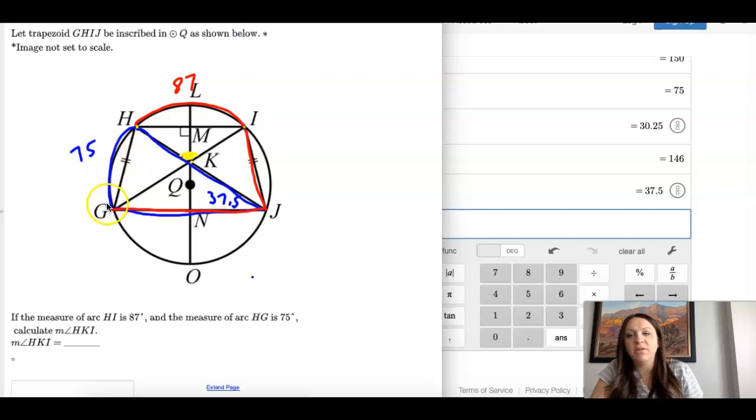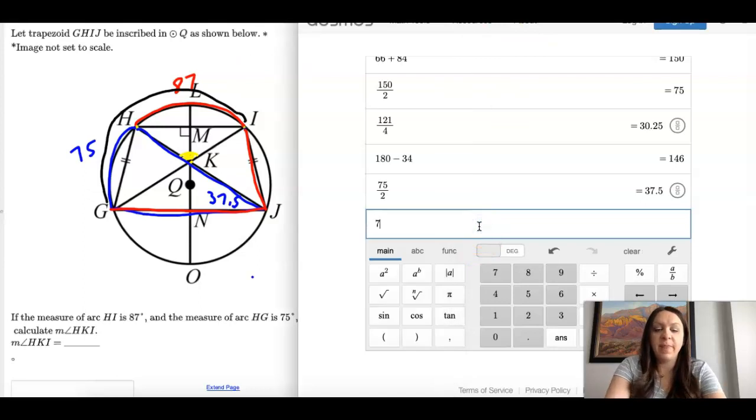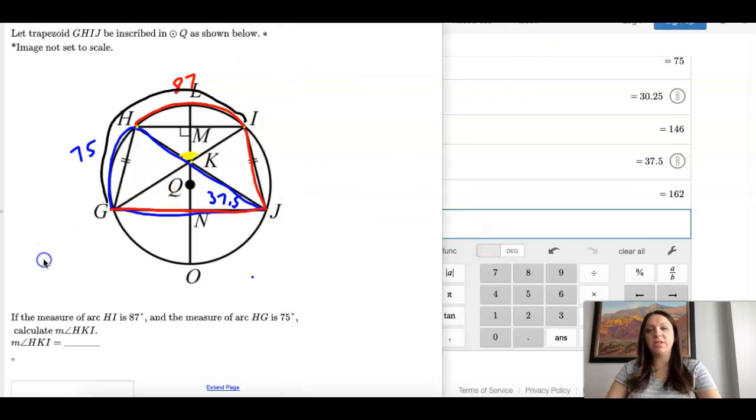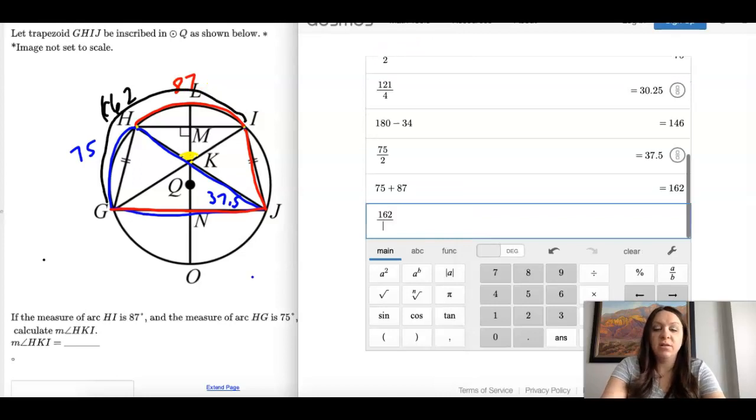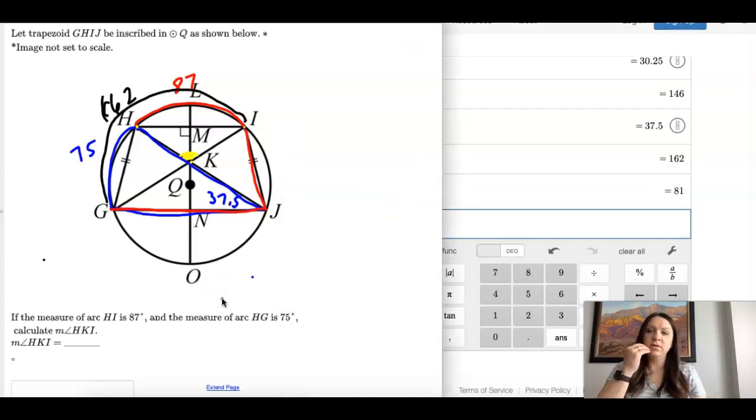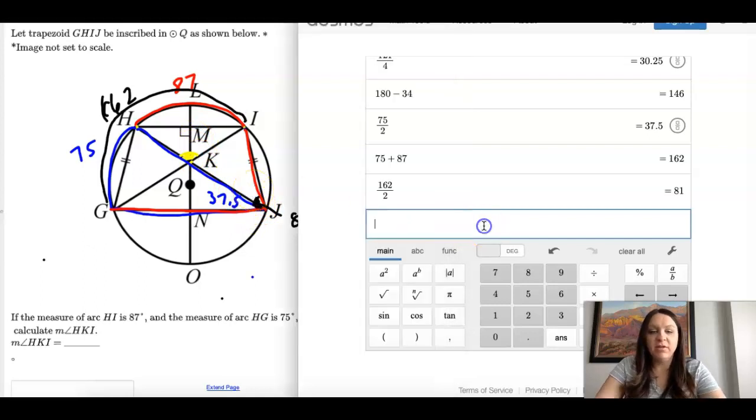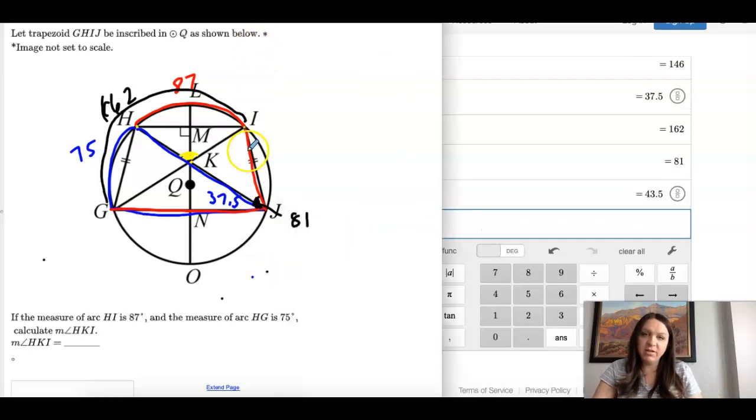I know that this whole arc is 75 plus 87. So that's 162. So the angle would be half of that. So this whole angle would be 81. Okay. So the little angle would be 43.5 right here.